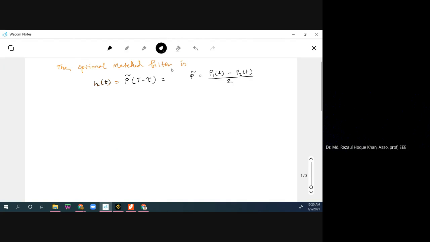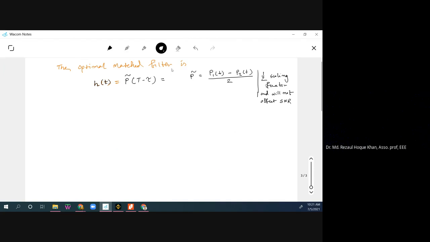Here the half is the scaling factor, nothing else, and it will not affect the SNR.